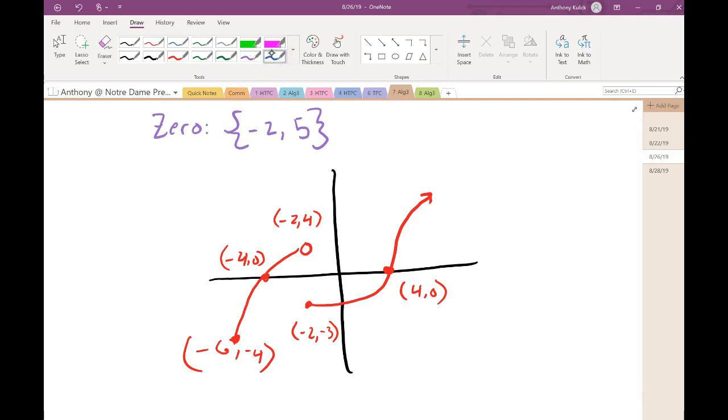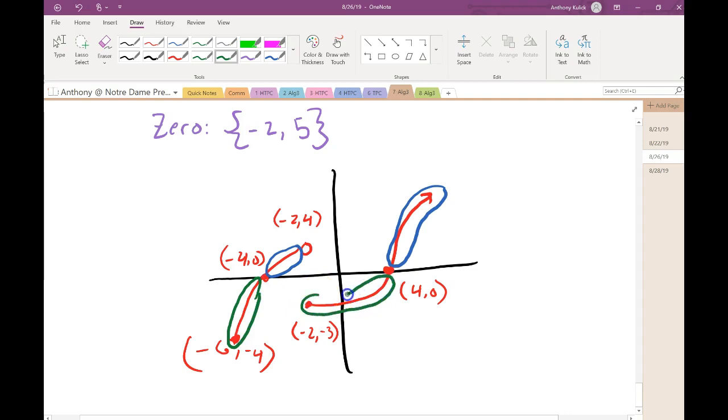How many positive parts do we see here? 2, right? We see this section here and that section over there. Everybody cool with that? Okay. How many negative parts do you see? 2. See this section here and this section here. And then how many 0 parts do we see? 2 as well.